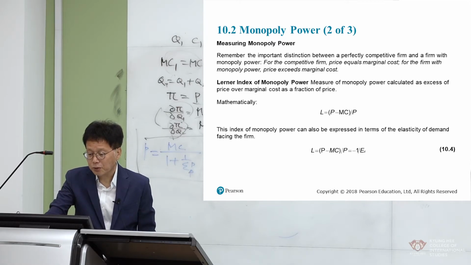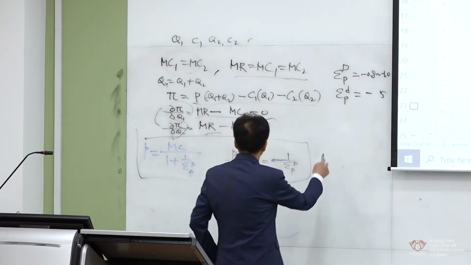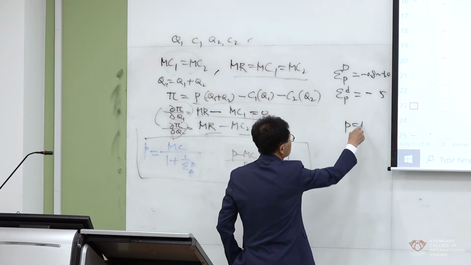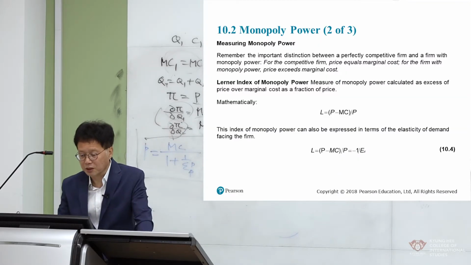Measuring monopoly power, the answer to the first question. Remember the important distinction between a perfectly competitive firm and a firm with monopoly power. For the competitive firm, price equals marginal cost. When the market is perfectly competitive, price equals marginal cost; that is profit maximization.